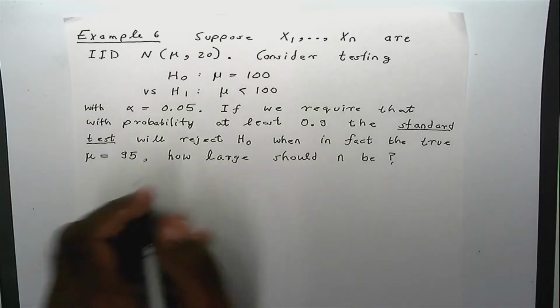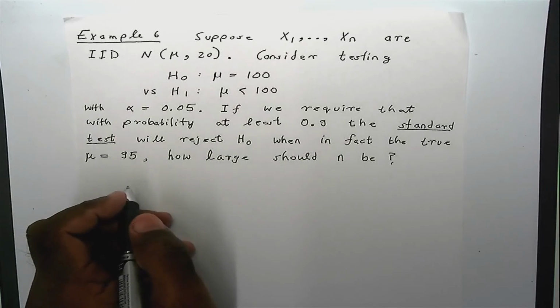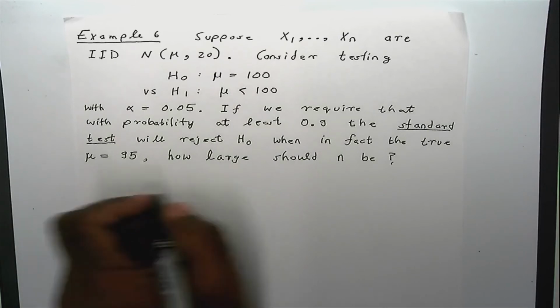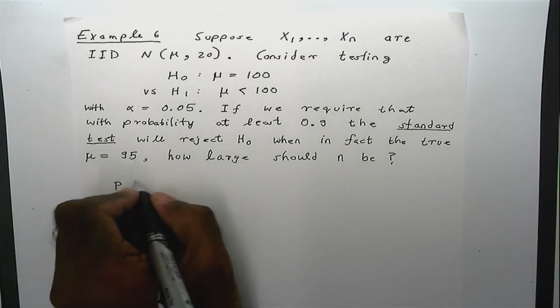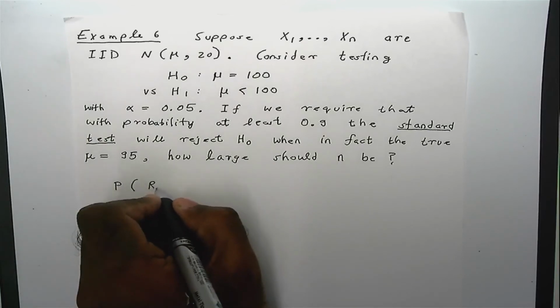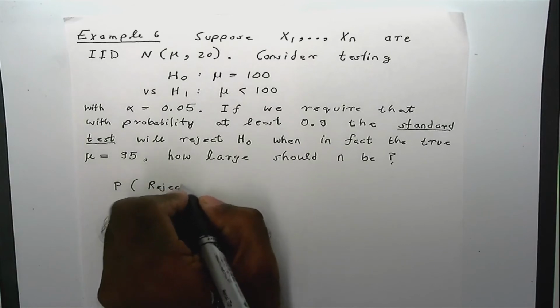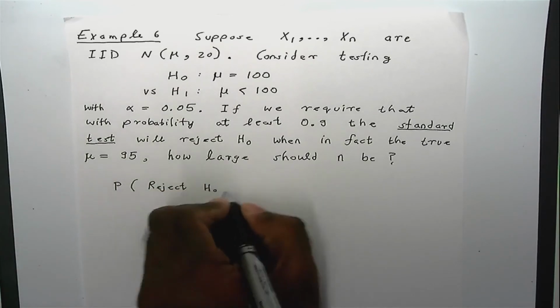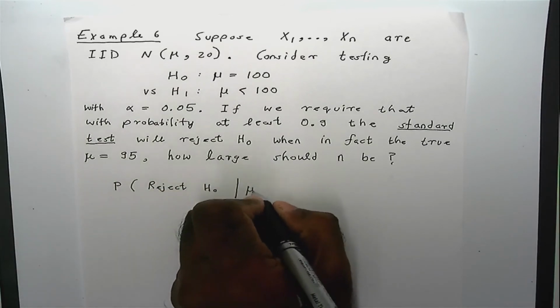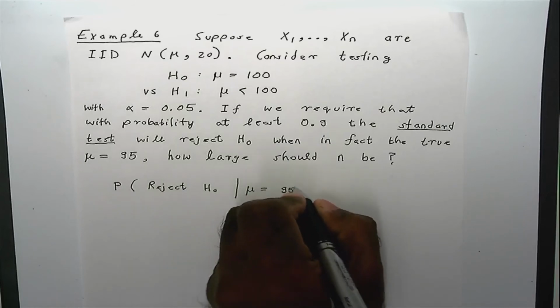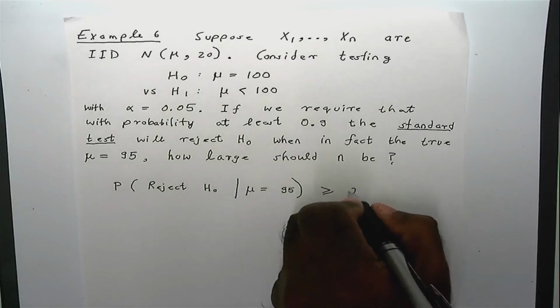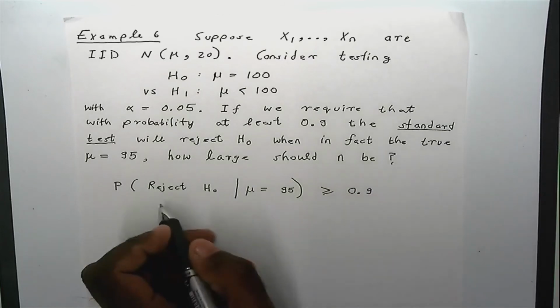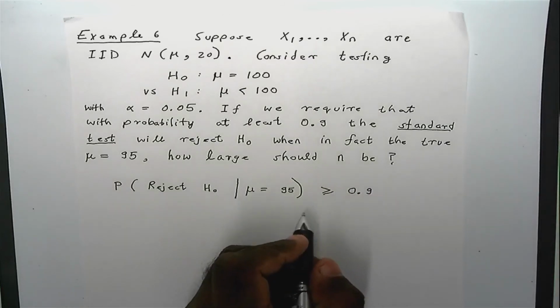Okay, so what the question is asking you is, we want the probability of rejecting the null using the standard test when the population mean is 95, right, to be at least 0.9, in other words, greater than or equal to 0.9. So given this fact, what should n be?